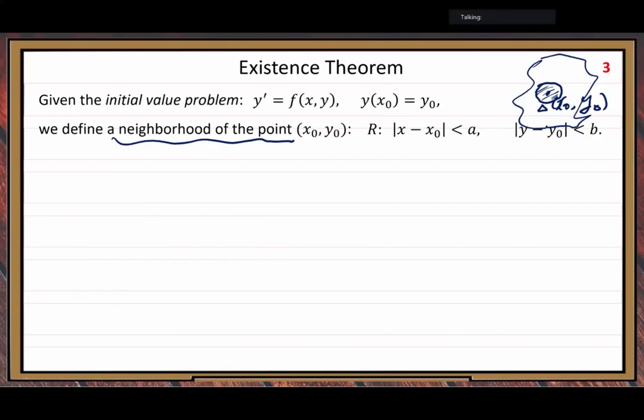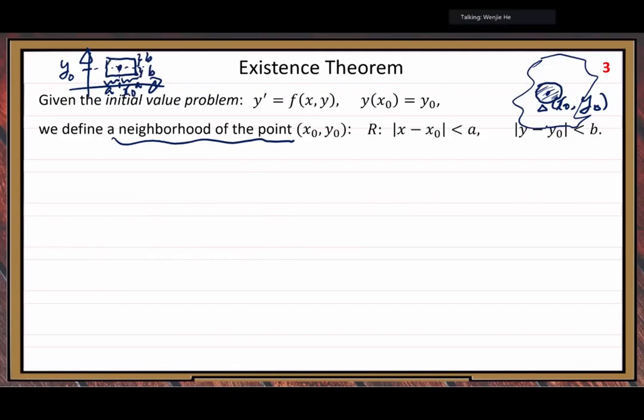Let me draw the shape of this neighborhood. Here is x0, y0, this point x0, y0, then a rectangular shape: absolute value of x minus x0 less than or equal to a, and absolute value of y minus y0 less than or equal to b.